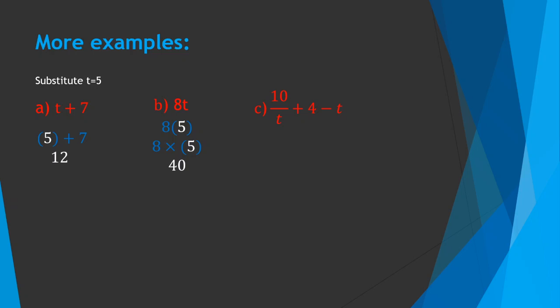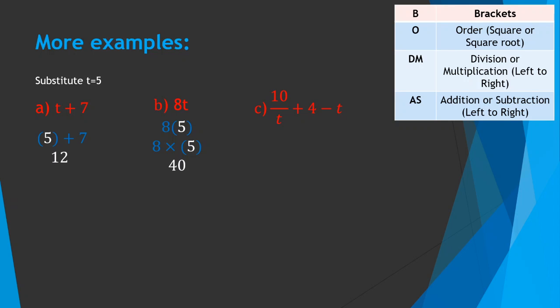Let's look at the last question. And we remember BODMAS. Okay, so we've got division, we've got addition, and we've got subtraction. So we don't have any brackets, we don't have any squares or square roots. So the first thing we're going to do is division or multiplication, working left to right. But even before we do that, we need to substitute what t equals. So t equals 5.